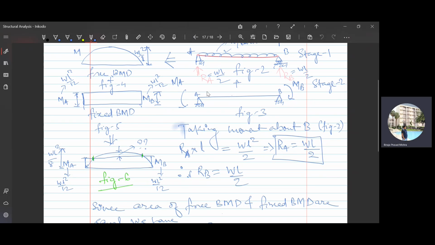Since we are calculating x from here, this is the point of contraflexure. It is at a distance of some value, and at a distance of another value. Both these points we are getting.